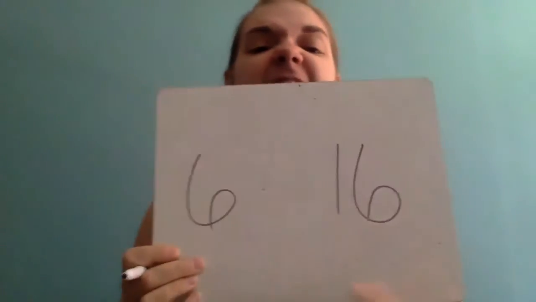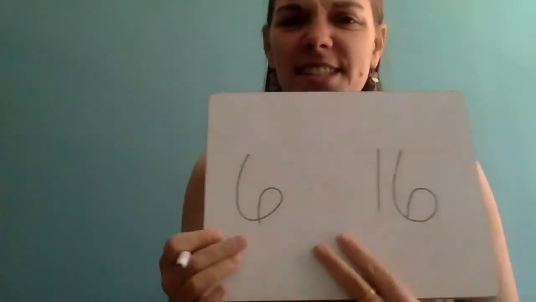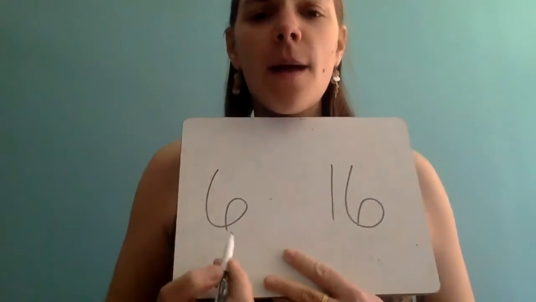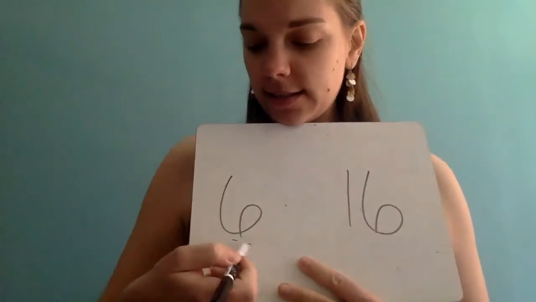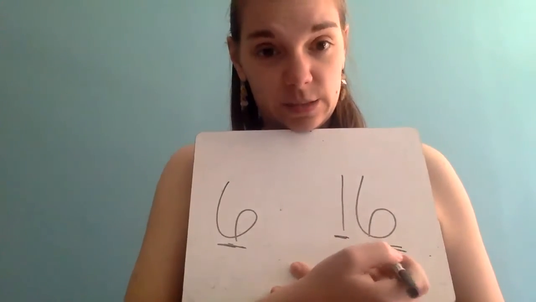All right, one last set of numbers. 6 and 16. Well, they both have 6's in them, right? Well, 6 has 6 ones, but 16 is 1 ten and 6 ones.